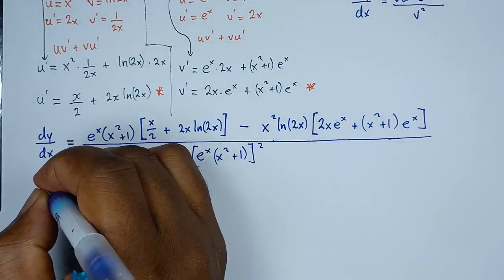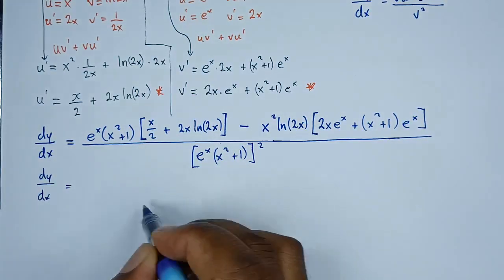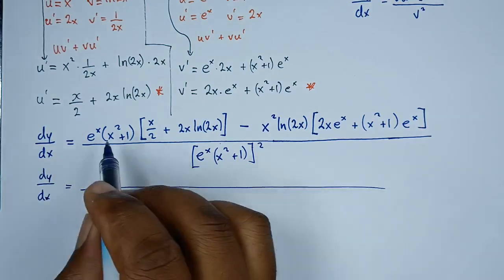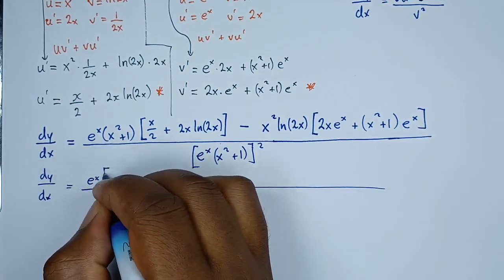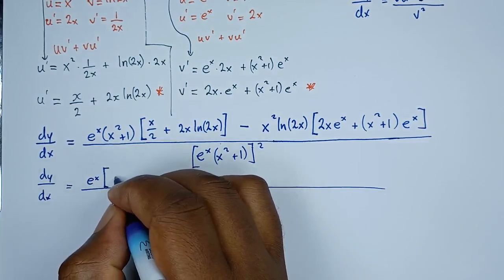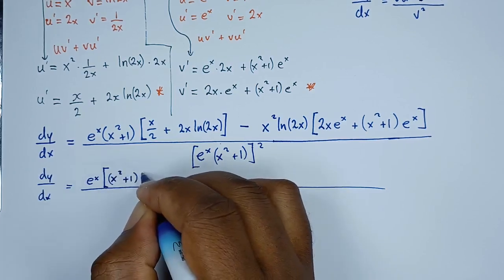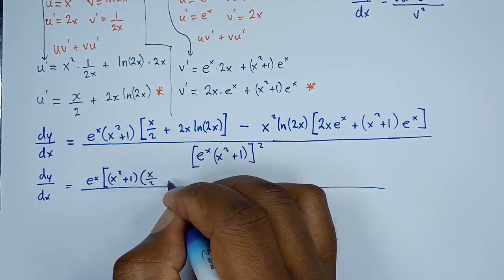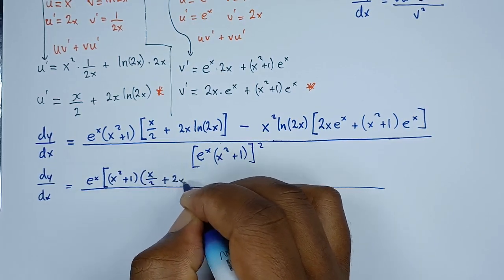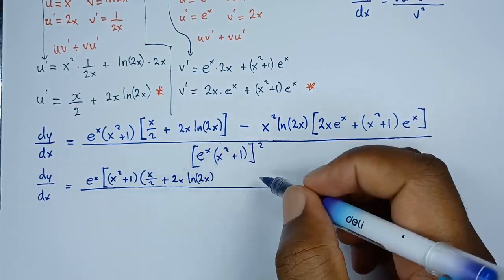So our dy dx will be equals to, so let's bring it here. So e to the x, we factor it out. We have x squared plus 1 in brackets. We have another bracket here, which is x over 2 plus 2x ln 2x, like that.